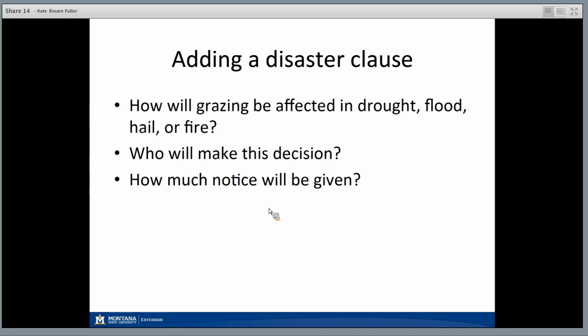You can add a clause to the lease to state how grazing will be affected if any of these things come up. So if your drought is getting bad, who will make the decision and how much notice will be given as to whether animals will be taken off or numbers will be reduced.